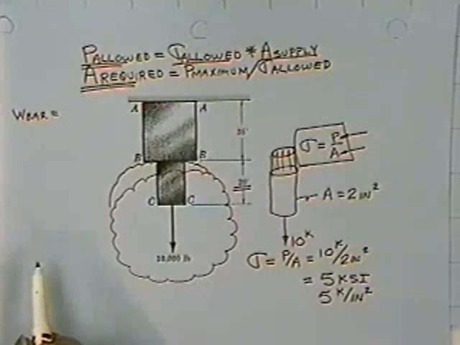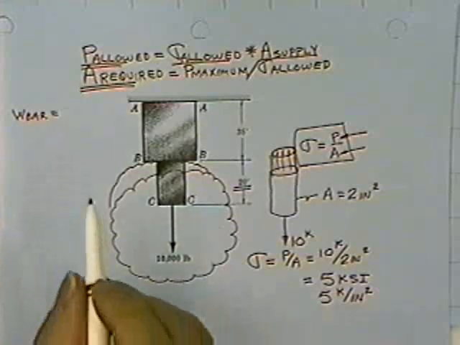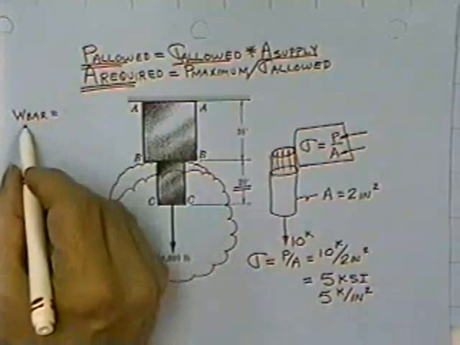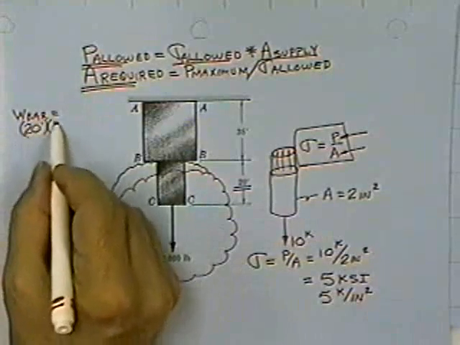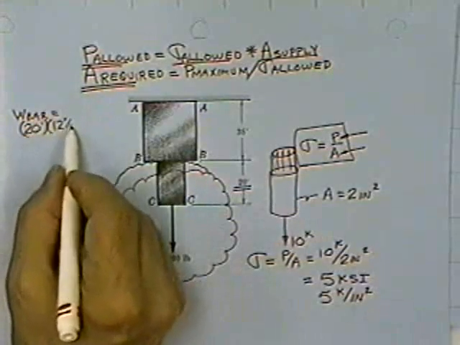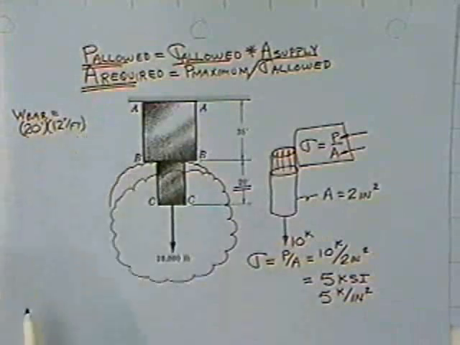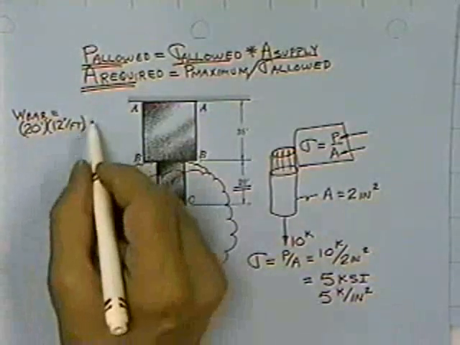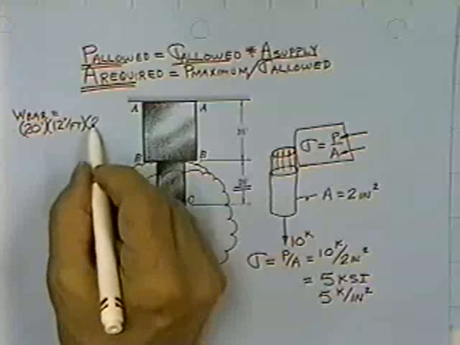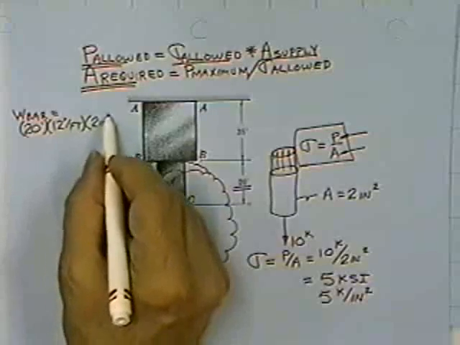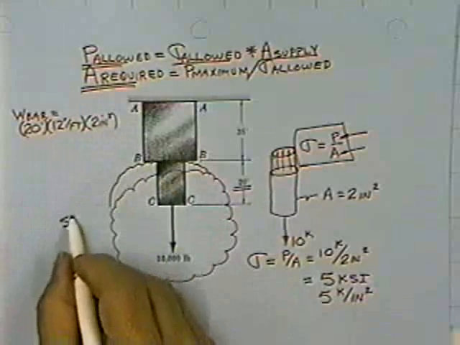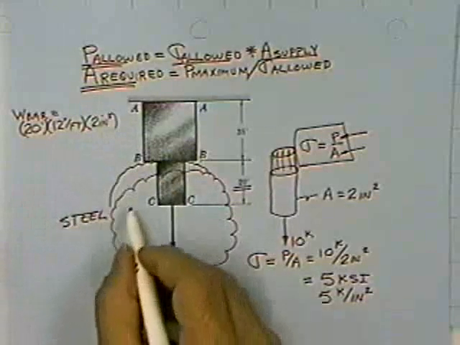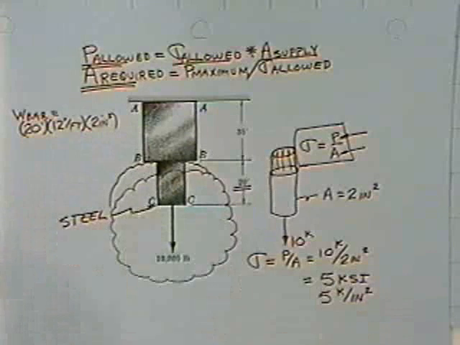Then the weight of the bar is equal to 20 feet times 12 inches in a foot. Now that's the length. I multiply that times 2 square inches of steel. And we just decided it was steel, I notice. If it was Jell-O, we'd use a different weight.